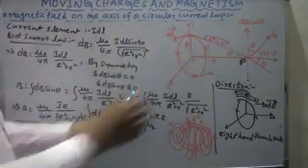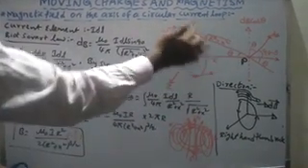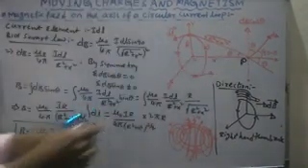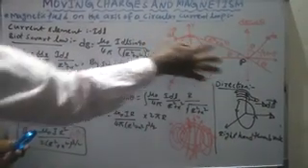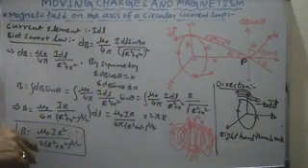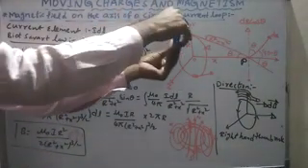So due to this current carrying element at point P, what is the direction of the magnetic field? Which direction is that acting?